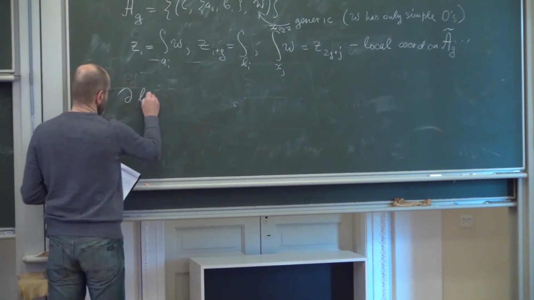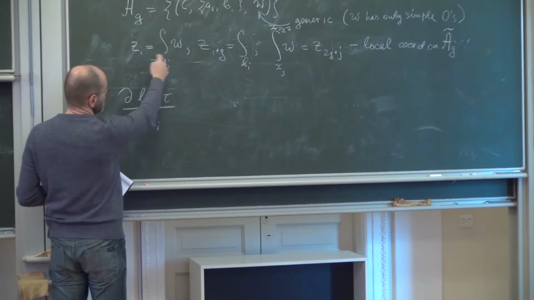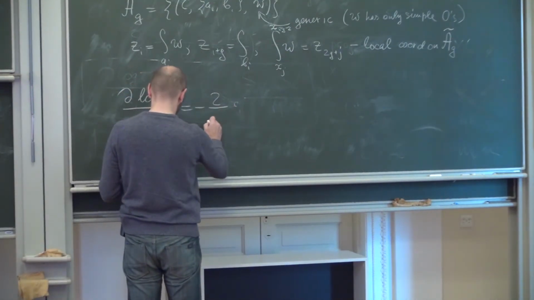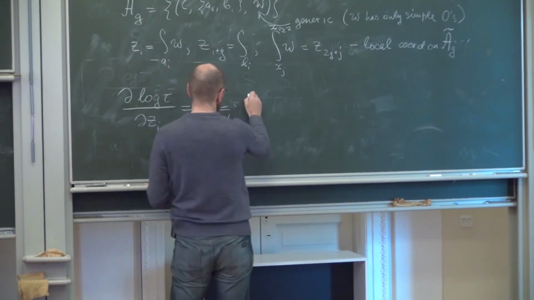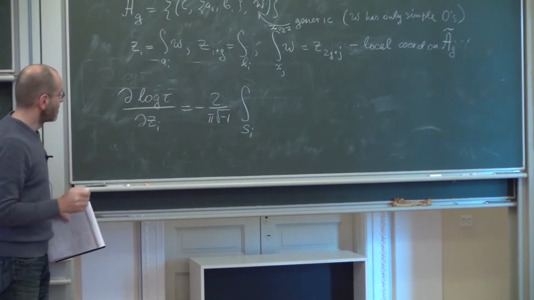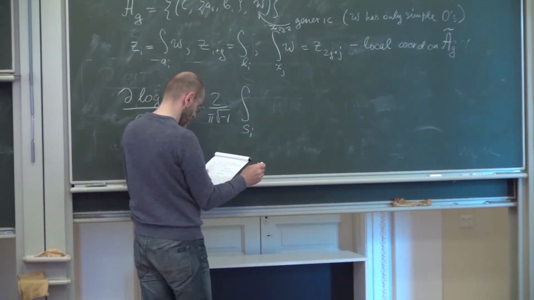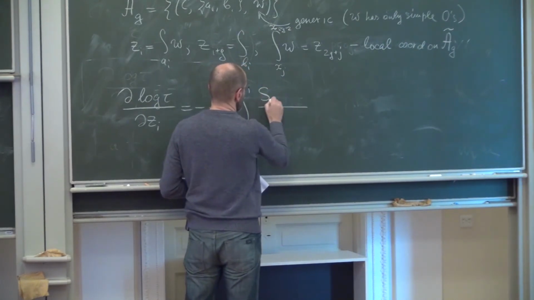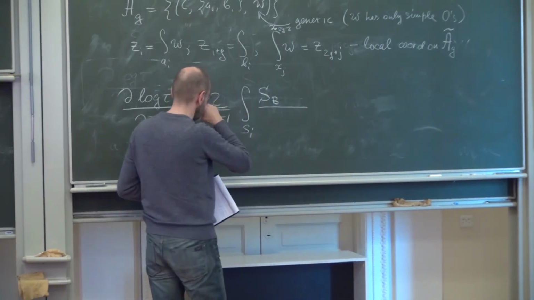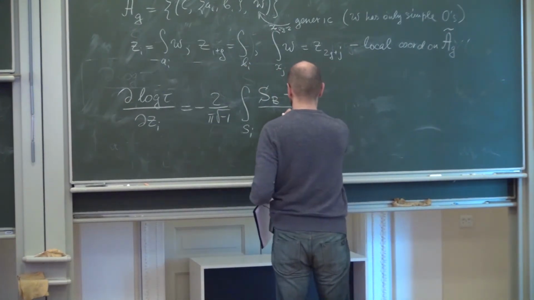So by definition, d log tau over d z_i, where z_i are homological coordinates, is minus 2 over pi times square root of minus 1 times the integral over s_i of the Schwarzian derivative, the projective connection, minus S_w over w.